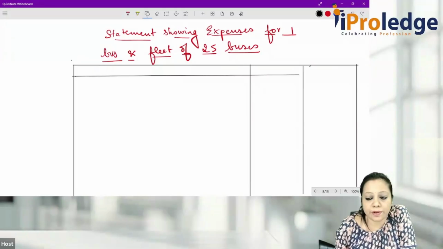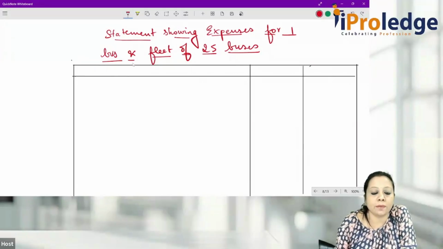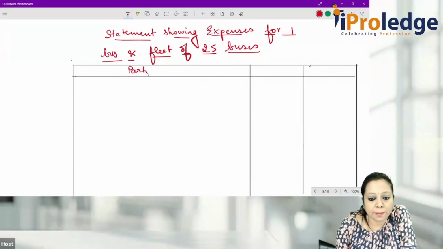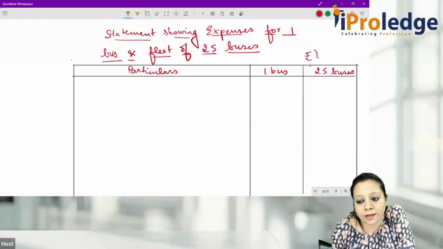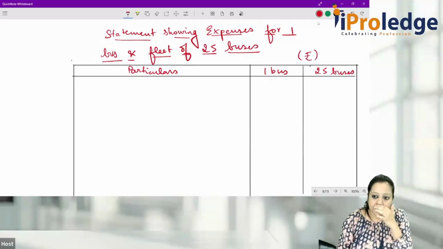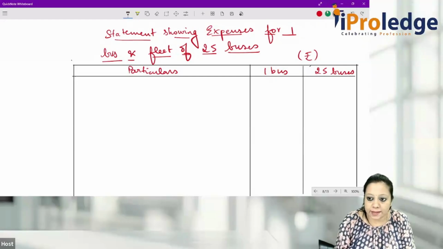So mostly we'll go in the order of the question so that we'll not miss any item. We have particulars. This is one bus. This is 25 buses. And all amounts are in rupees. Okay. So now let's start.